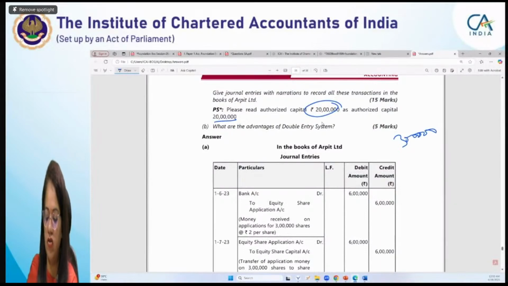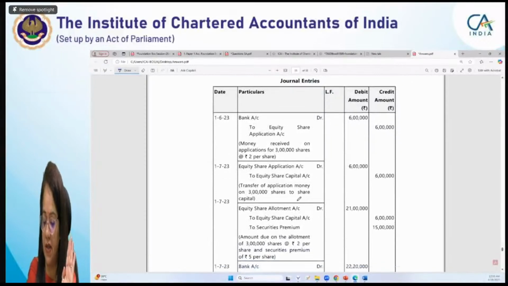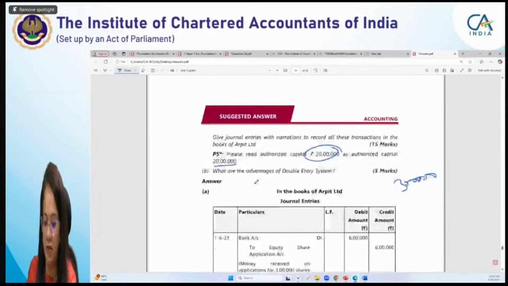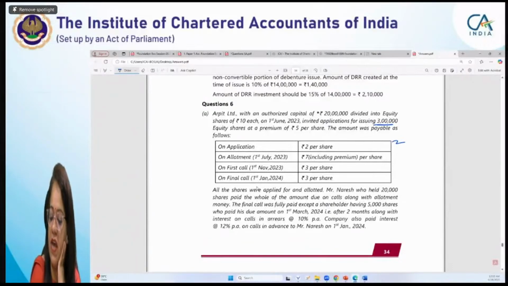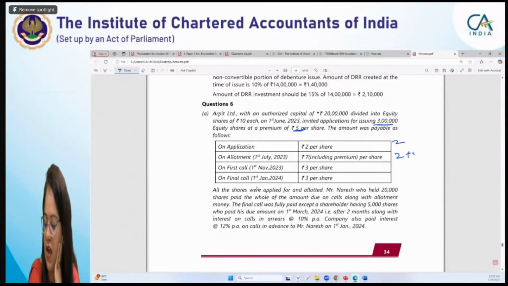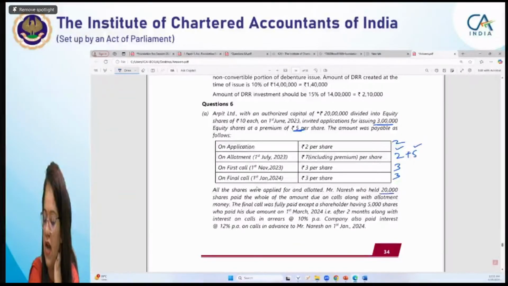All right. So bank to equity share application, then share application to share capital, then the share allotment. Now we see what is there in the allotment. 2 rupees was asked for application, then 7 rupees with premium: 2 plus 5, 2 is for share application and 5 is for premium. First call is 3 and final call is 3. All the shares were applied and allotted. Mr. Naresh, who held 20,000 shares, paid the whole amount due on calls with the allotment money.